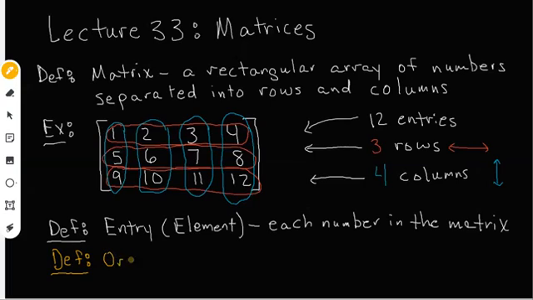All right, here's the next definition we're going to talk about. Order. Another way to say this is dimensions. That's another way to say the word order.